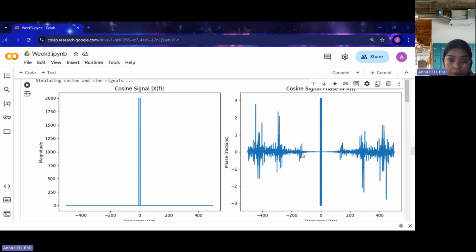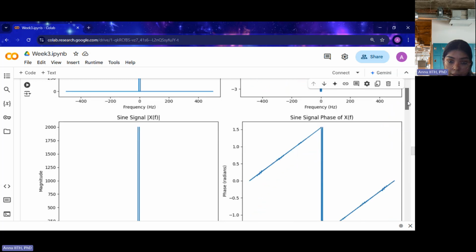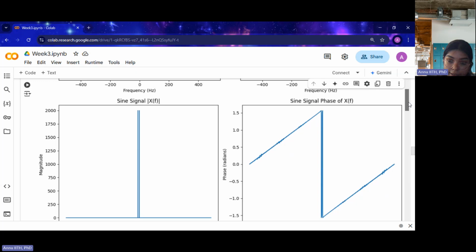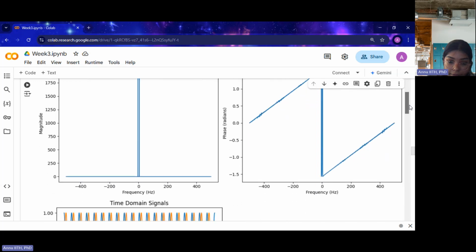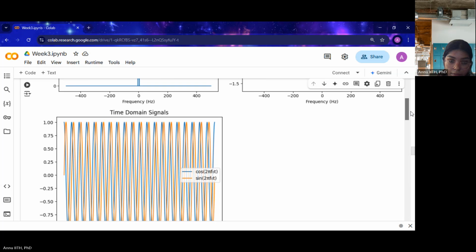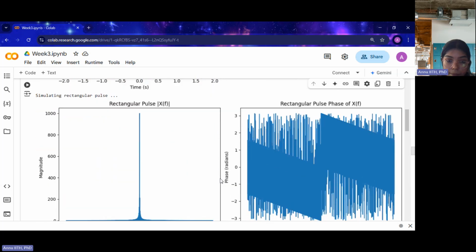This is the sine magnitude spectrum, and the signal phase of X(f). Then the time domain signals, cos and sine. These have a 90-degree phase shift. Rectangular pulse of X(f).